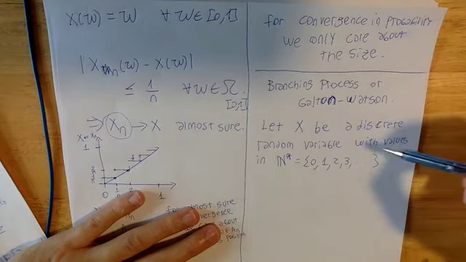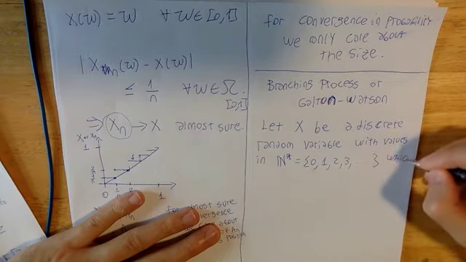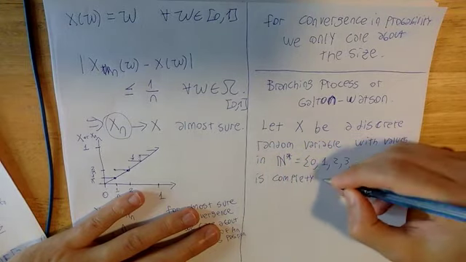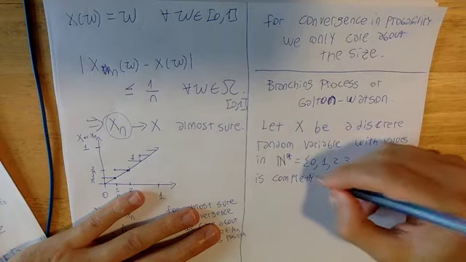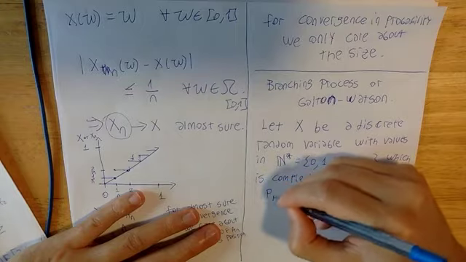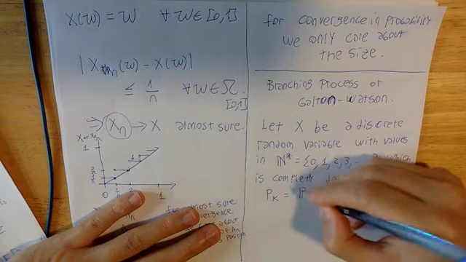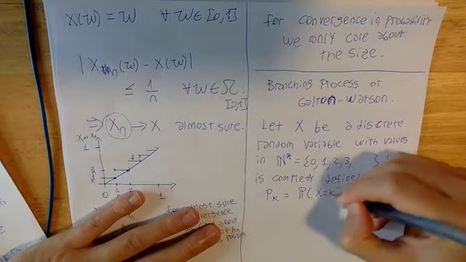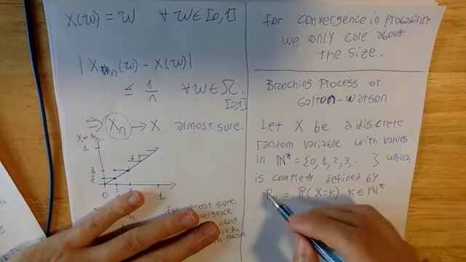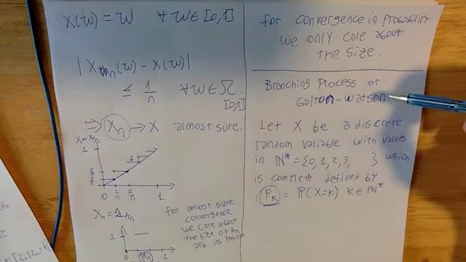Let x be a discrete random variable with values in n star, which is completely defined by pk, which is equal to the probability of x equal to k, where k is in n star. Okay, so sometimes we'll give the values of pk to talk about this discrete random variable.